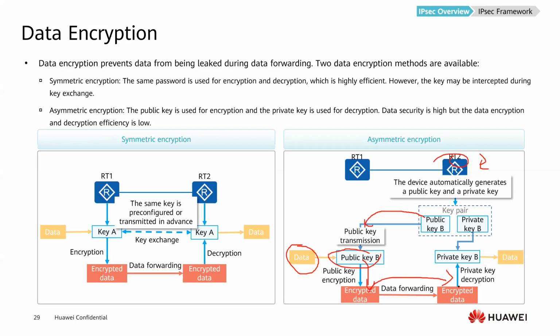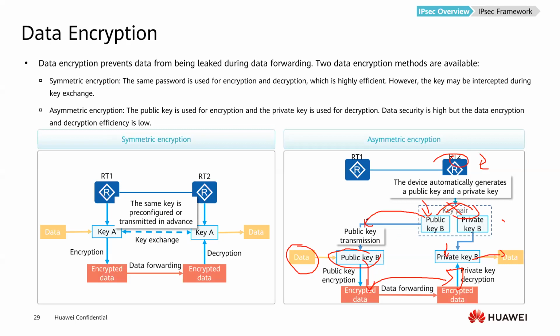And when it comes back, I will use the private key to do the decryption, and I will get the data. If you only get the public key, there's no way you can get the private key. That's a math problem, M-A-T-H, the numbers. Okay, there's a math problem.